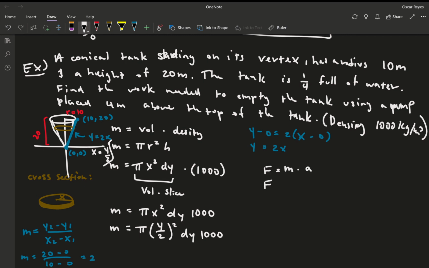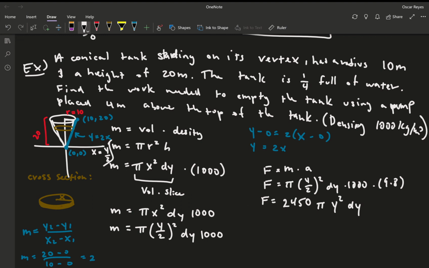It's pi times y over 2 squared dy times 1,000 times acceleration, which is 9.8, which gives us a force equal to 2,450 pi y squared dy.